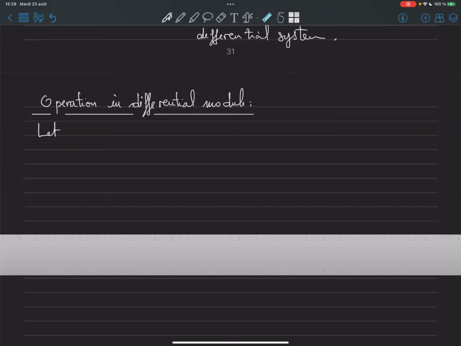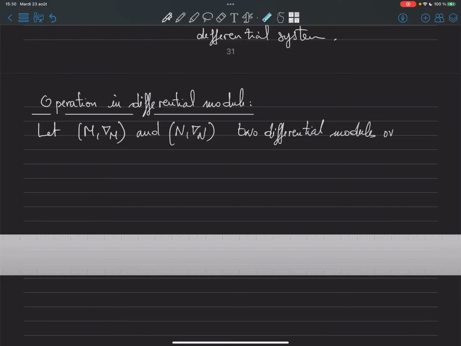And we consider two differential modules and a morphism.